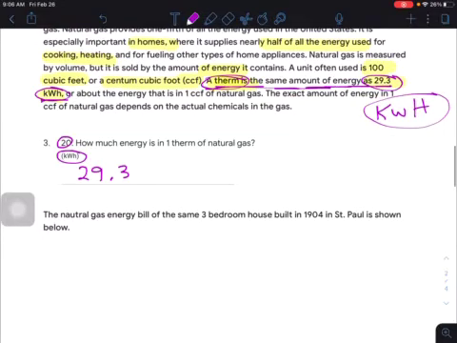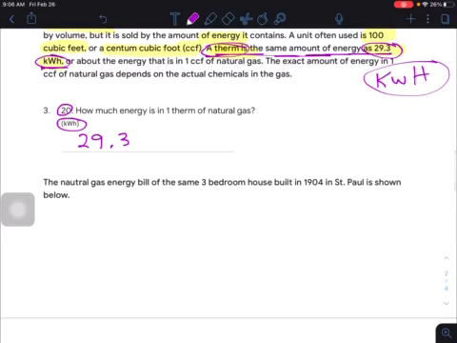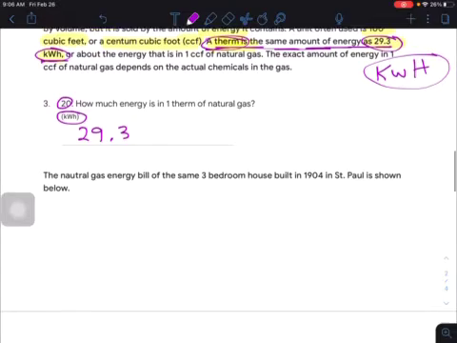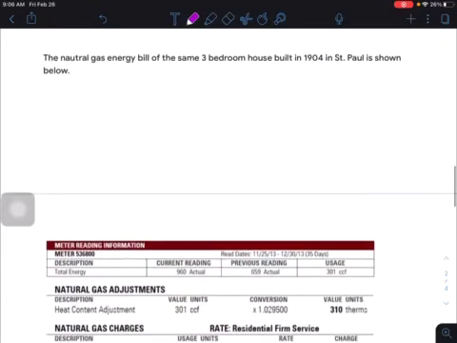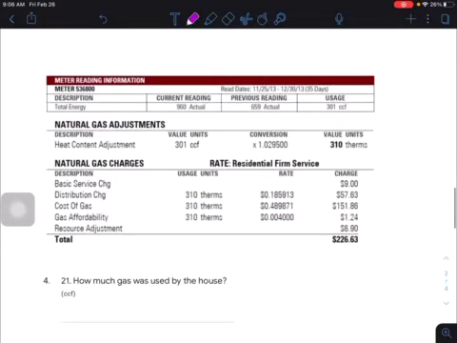This is a natural gas energy bill of the same 3-bedroom house that we did in the previous heating bill with the electricity. So this is the same house in St. Paul, and it's the same dates and just different information.